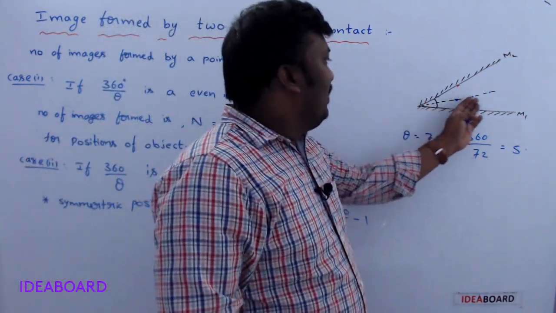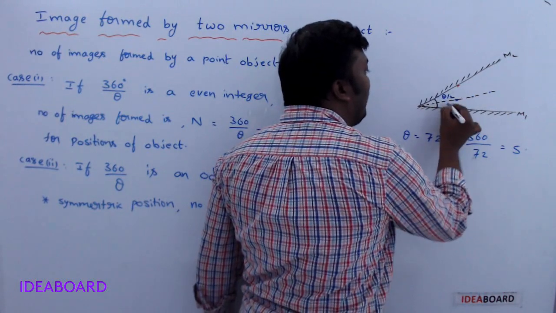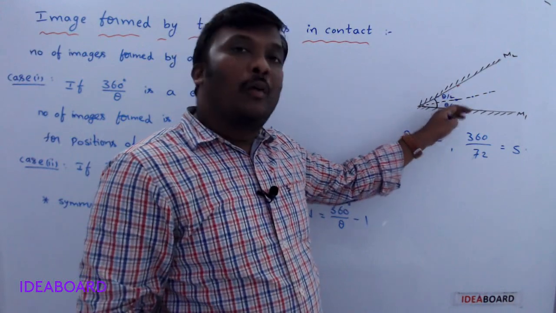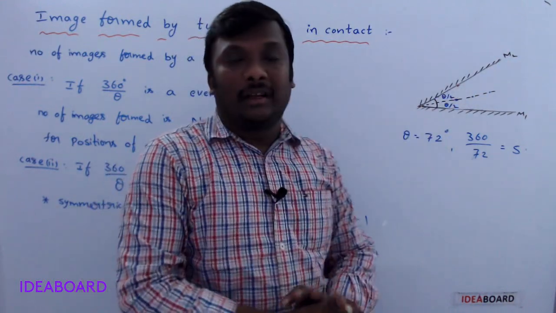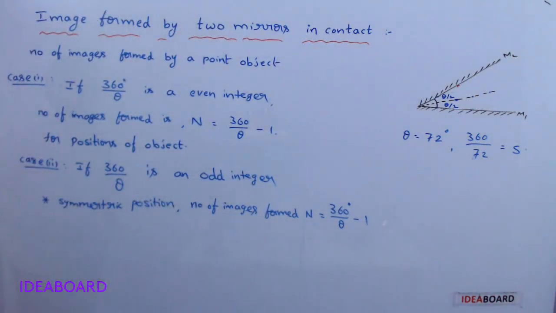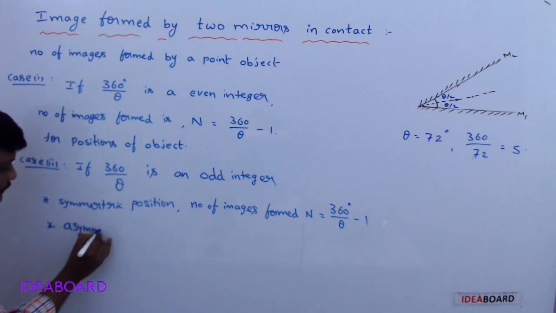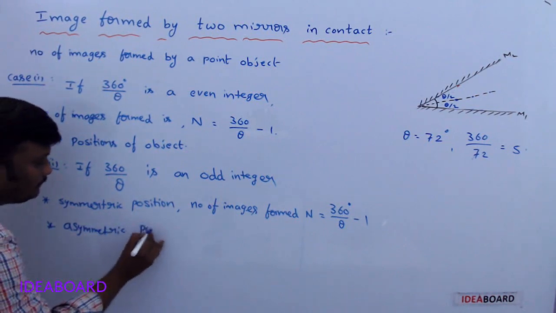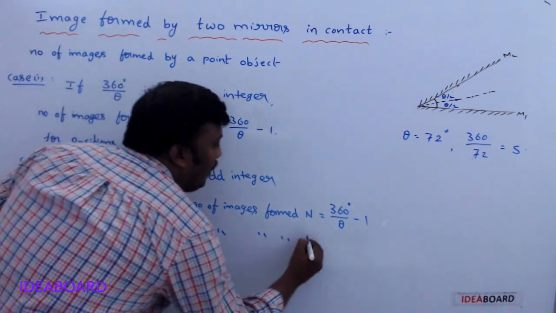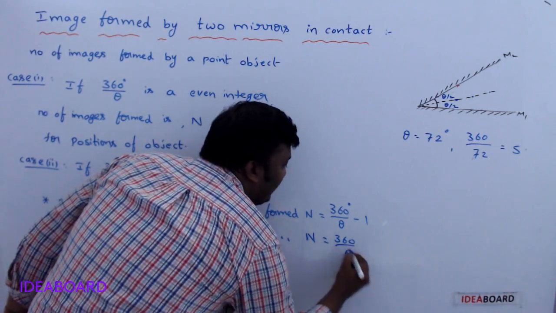We know that the bisector line divides the angle into two equal parts, so one is theta by 2 and the other is theta by 2. So this is called a symmetrical position. In case of an asymmetrical position, the number of images formed is n equals 360 by theta only.